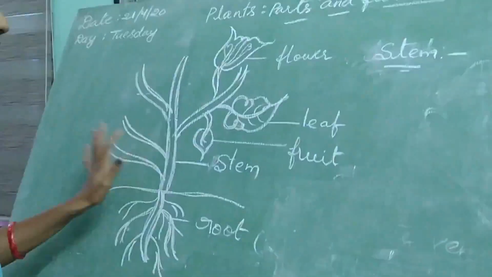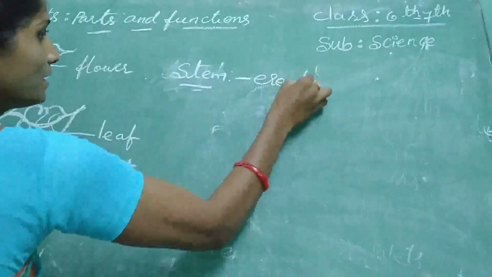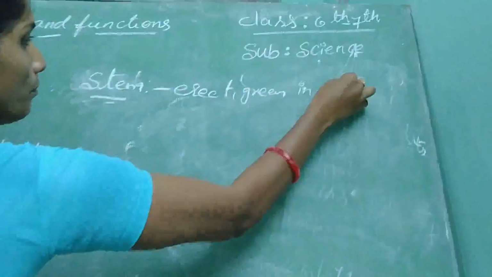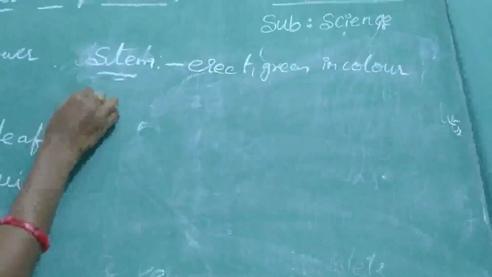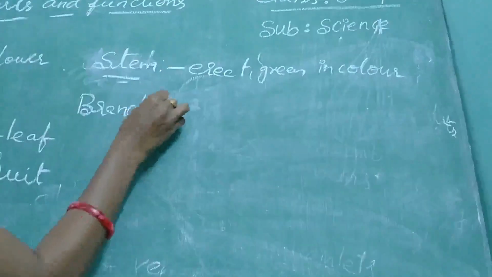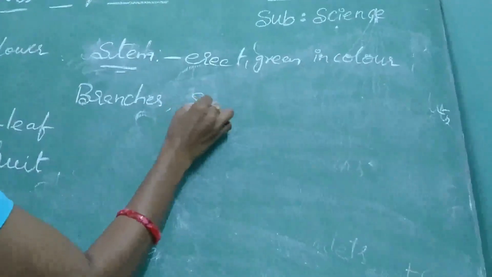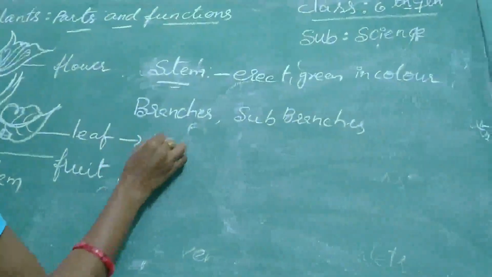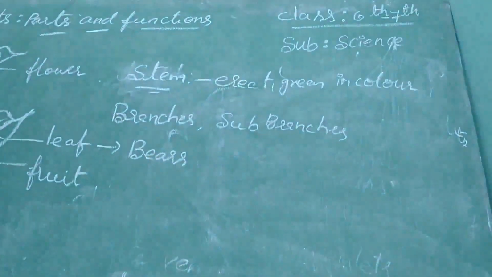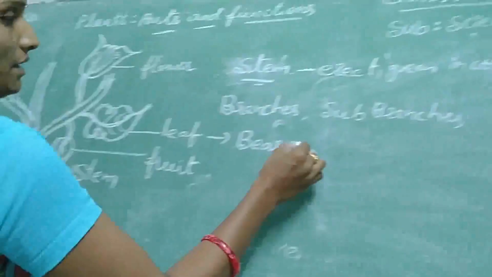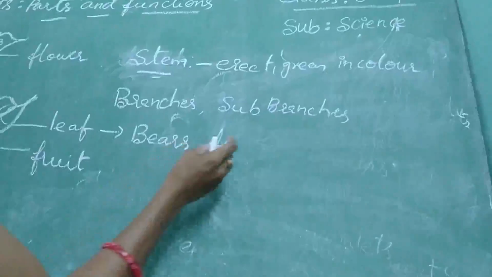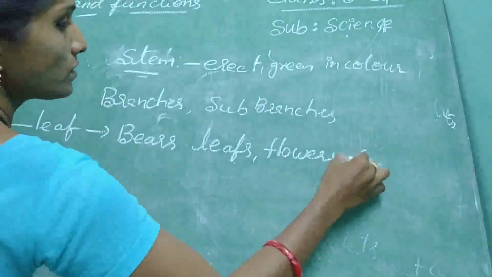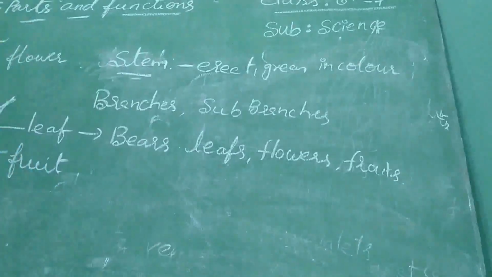A stem is erect and green in color, divides into branches, subdivides into sub-branches, and bears leaves, flowers, fruits, etc. What is the meaning of bears?